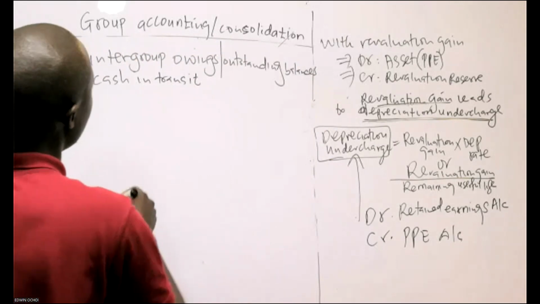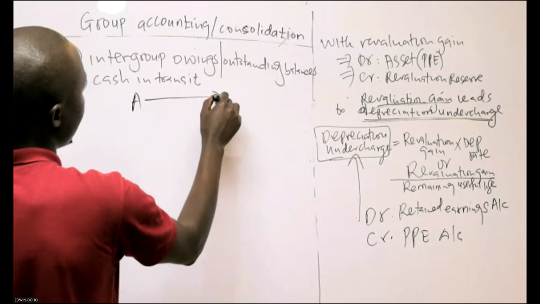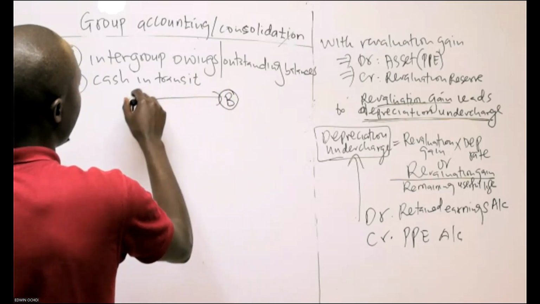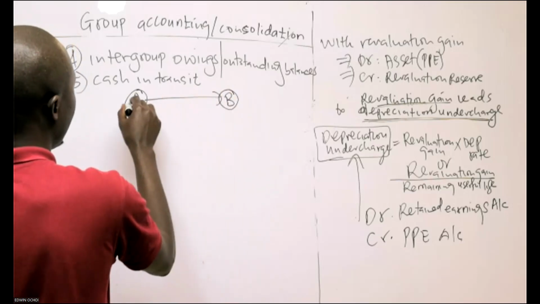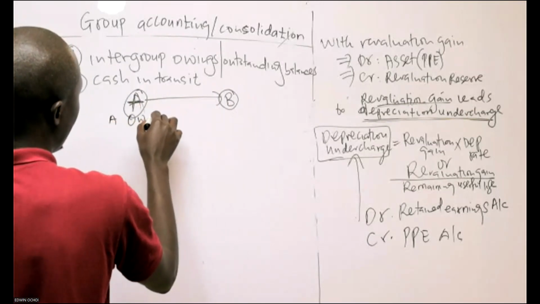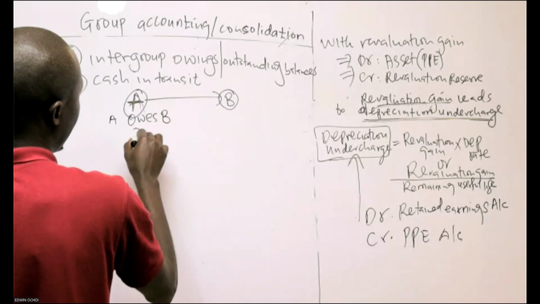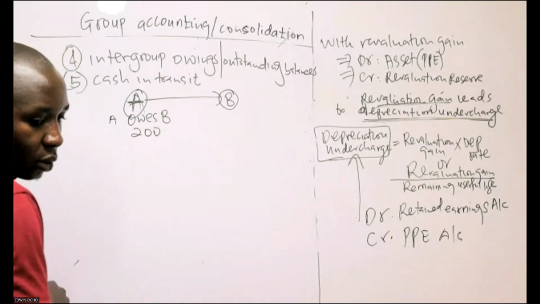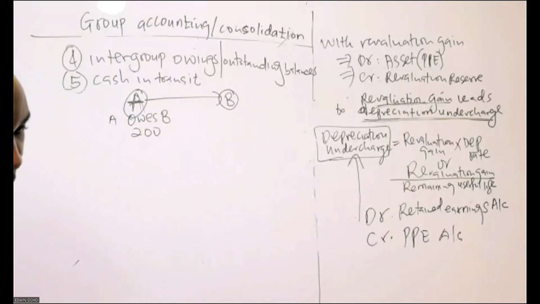So intergroup owings, that is whereby you will find that there is a parent and subsidiary. Then you will be told that, let's say, for example, A owes B a certain amount like 200.